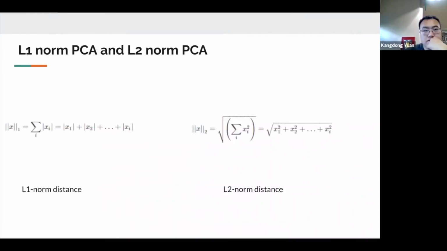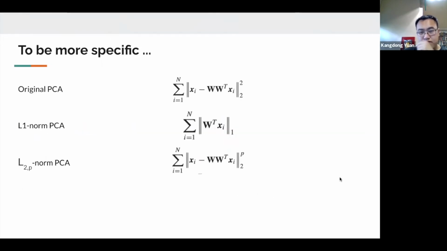The paper focuses on the difference between L1 norm PCA and L2 norm PCA. For L1 norm, it's just the addition of absolute values, but for L2 norm, it's the distance between different points. But the L2 norm can have a parameter called P. So the author changes P to find the best L2 norm PCA.